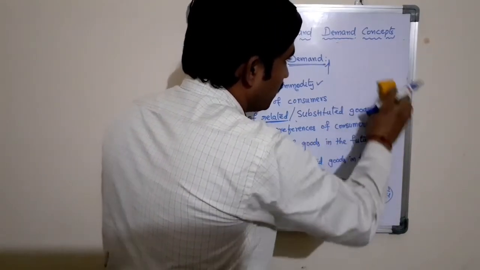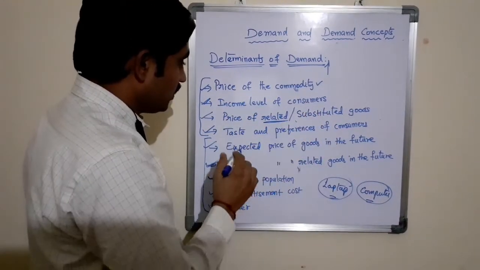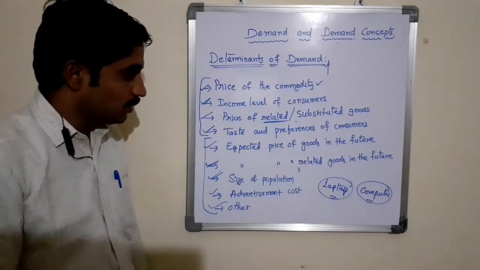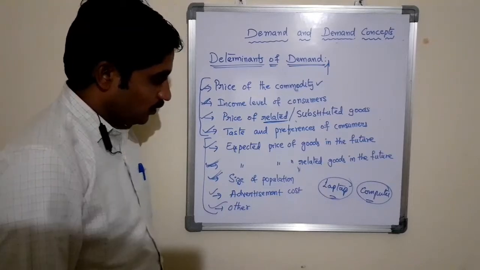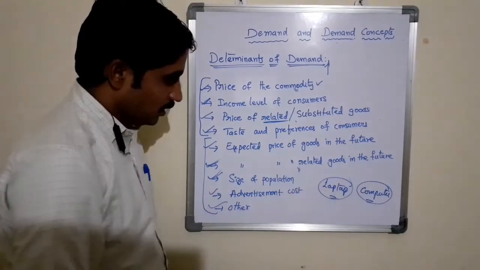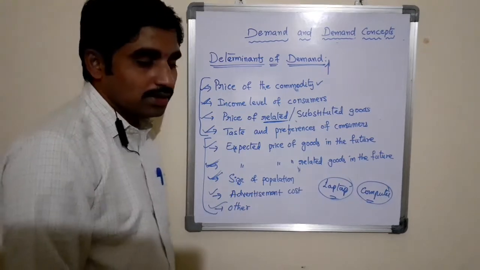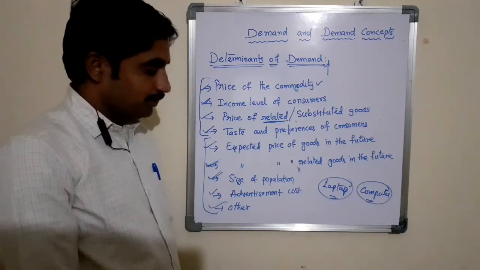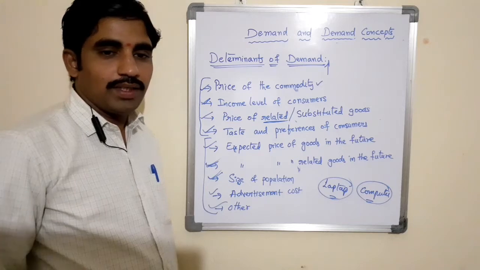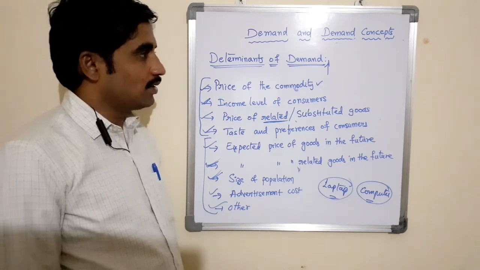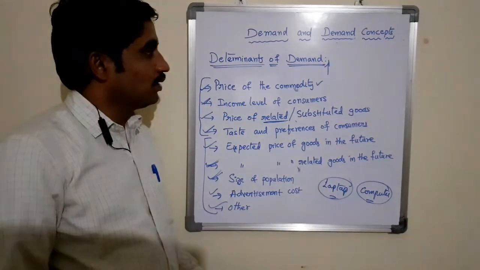That is price of the commodity, income level of the consumers, price of related goods or substitute goods, taste and preferences of consumers, expected prices of goods in the future, expected price of related goods in the future, size of population, advertisement cost, and others in terms of wealth, weather, climatic changes, government policies, and state of the business. So this is all about the determinants of demand.